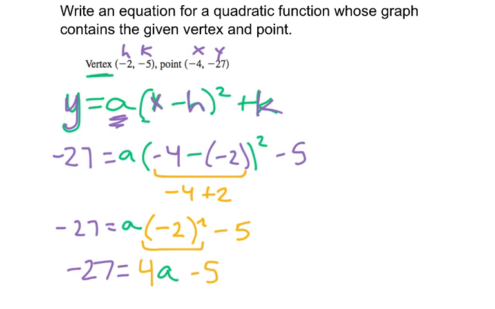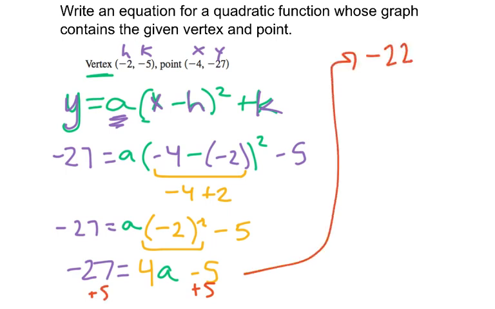And then algebraically we can solve by, for instance, adding 5 to both sides. And we get negative 22. And then dividing by 4. And so our negative 5.5 is the a value.